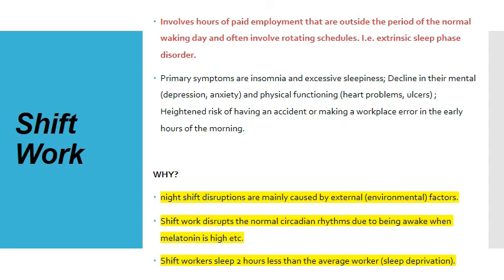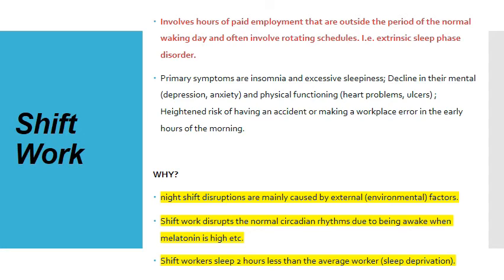So why does this occur? Of course, the night shift disruptions are mainly caused by external environmental factors, so those Zeitgebers. And so shift work normally disrupts normal circadian rhythms because, of course, shift workers tend to be awake when melatonin is high and they should be asleep, and vice versa.